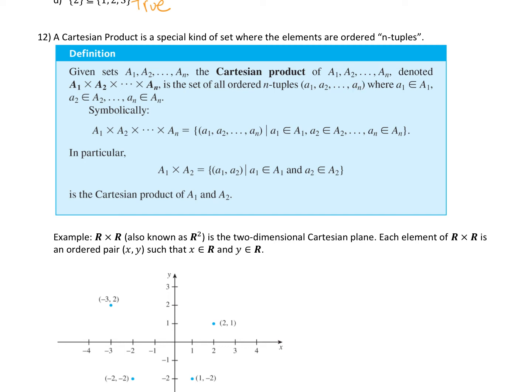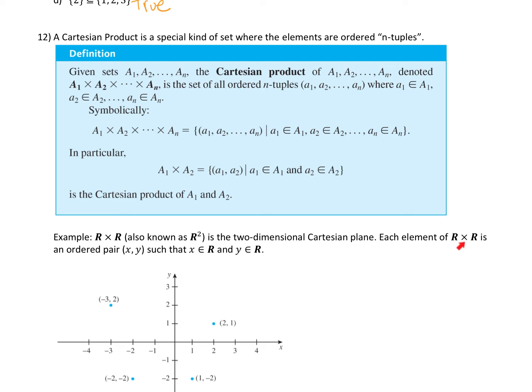So this looks a little crazy, but let's just jump down to our example. Okay, R cross R. So the reals cross the reals. Instead of calling these sets A1, A2, AN, we're going to talk about an actual set, the reals. So we're going to do the reals cross the reals, also known as R2. If you've taken another advanced math class, you may have seen it like that. That's just the two-dimensional Cartesian plane that we are very familiar with, right?